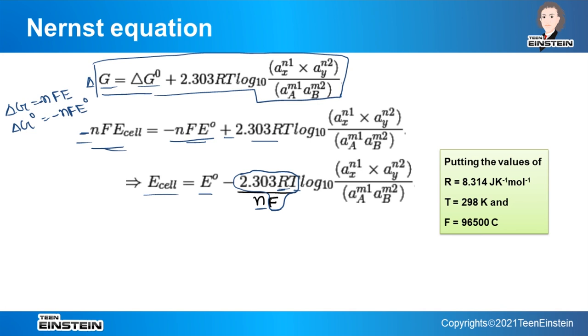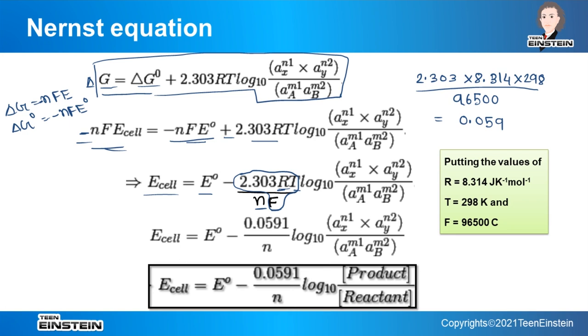T is 298, that is 25 degrees centigrade, and Faraday is 96500 coulomb, the charge for 1 mole of electrons. So 2.303 multiplied by 8.314 multiplied by 298 divided by 96500. If we do this calculation, it will be 0.059.